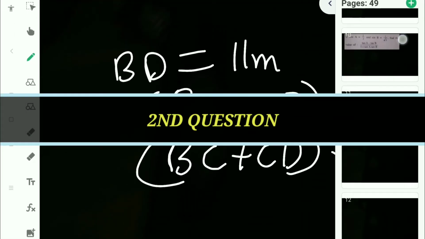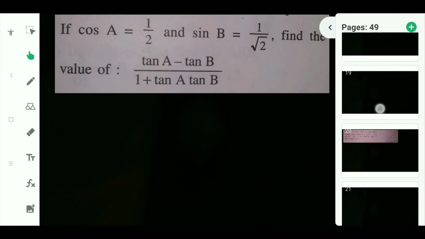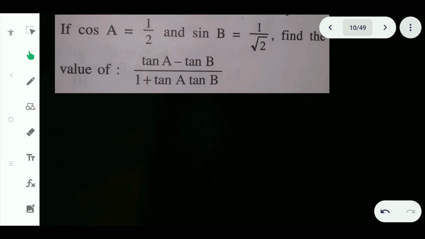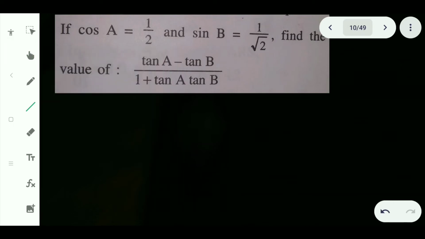Okay, let us go. The question is on your screen, just have a look at it. Okay, I hope you have done that. So here it is better to draw a right angle triangle for this question particularly.